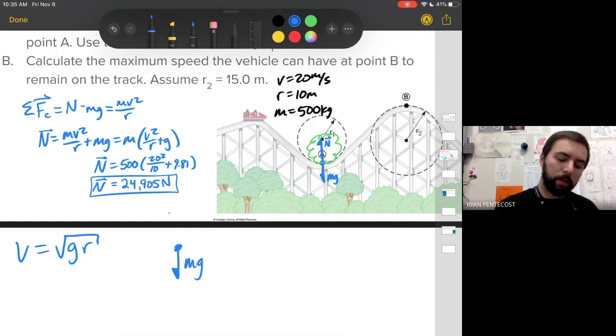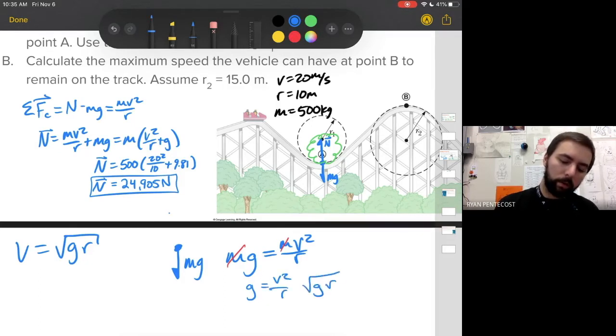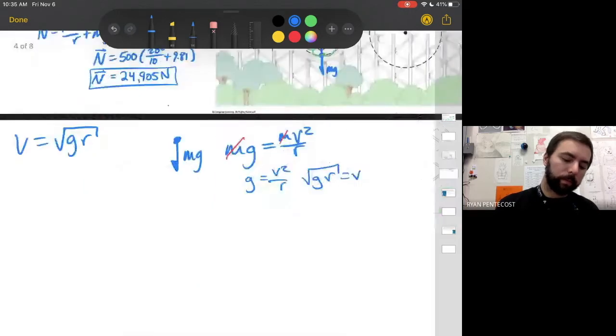We've got mg. We have no normal force on that crest if we're doing it right. So mg equals mv squared over r. The m's will cancel out. So then we have g equals v squared over r, and the square root of gr equals v, right?